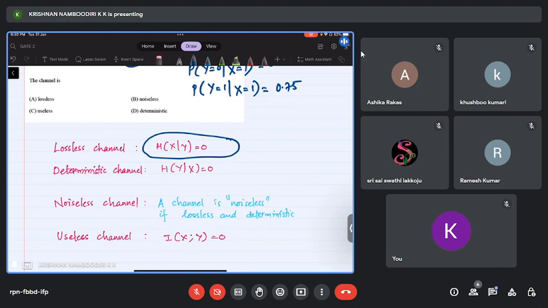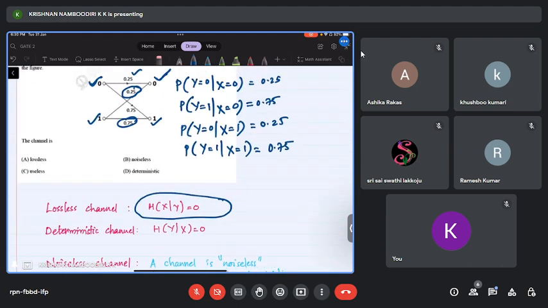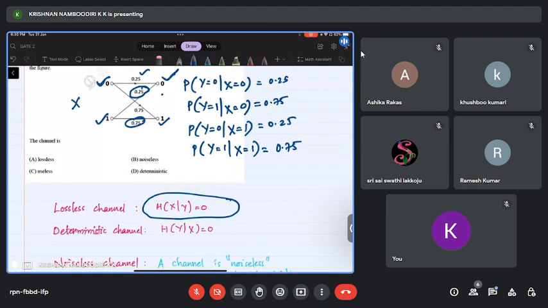H of X given Y means, I'm denoting the input of the channel with random variable X, and the output of the channel with random variable capital Y. So H of X given Y equal to 0 means when the output Y is given, there is no uncertainty in the input. That means when I receive something at the output, it is clear what has been transmitted from the transmitter side. So that is the physical meaning of this information theoretic definition.